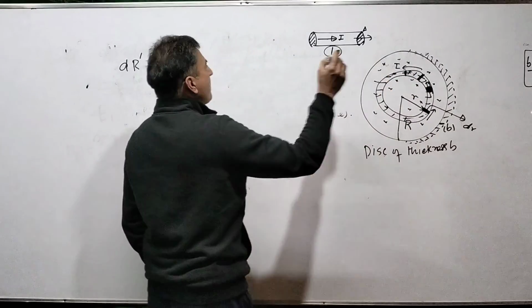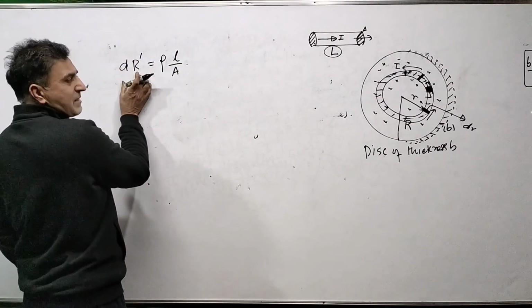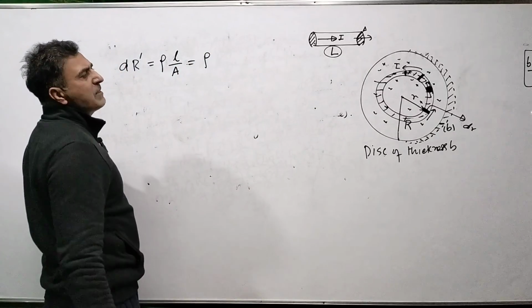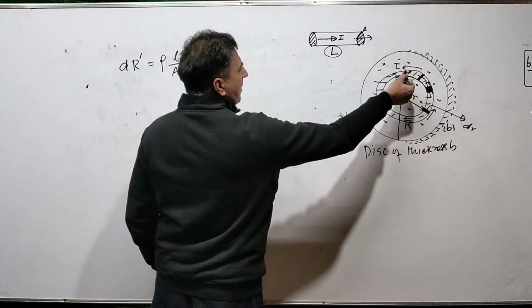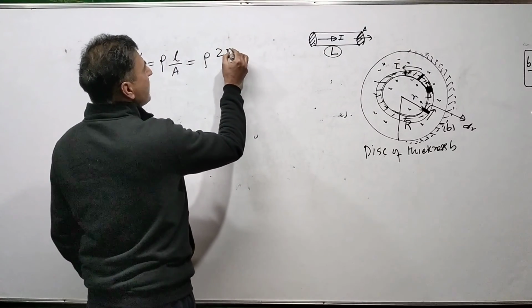And you have the formula rho L by A for the resistance. Okay, rho is the same resistivity of this element. What is the length of this conductor element? That is 2 pi r, obviously.